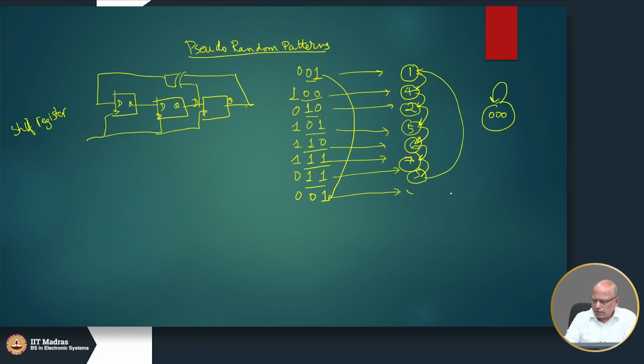So, this is a state diagram of this circuit, which we call a linear feedback shift register.